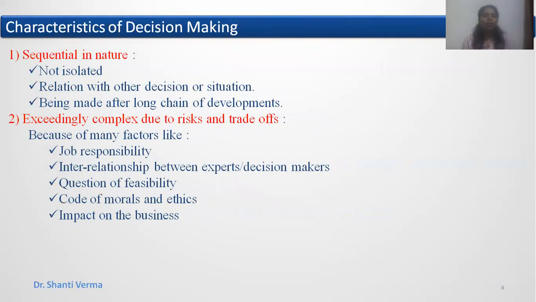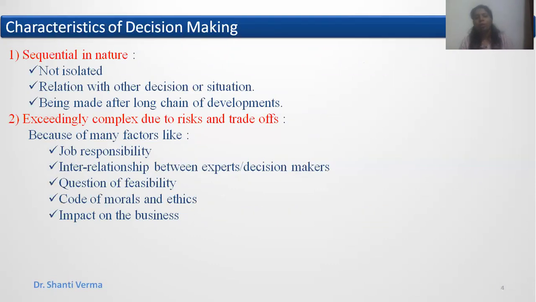Second, exceedingly complex due to the risk and trade-offs characteristic. There are various factors included, for example, the job responsibility, interrelationship between experts and decision makers, question of feasibility. Feasibility is an important factor. It means we have to decide if we choose this decision, is it feasible for deploying or not.